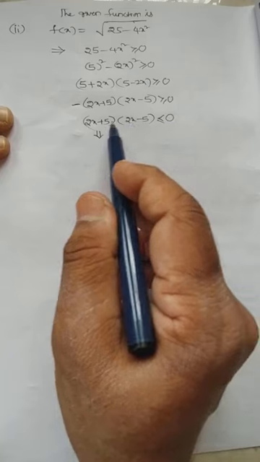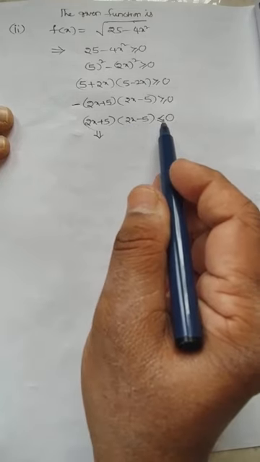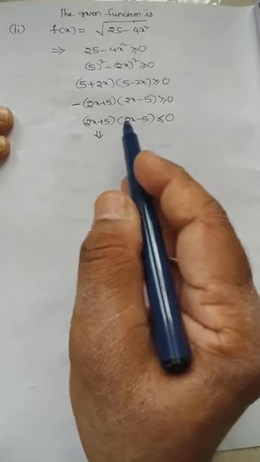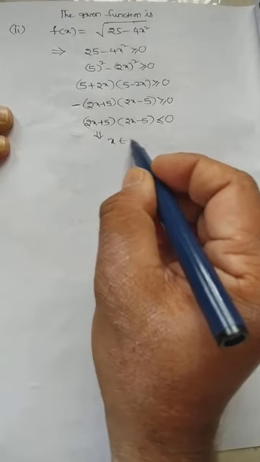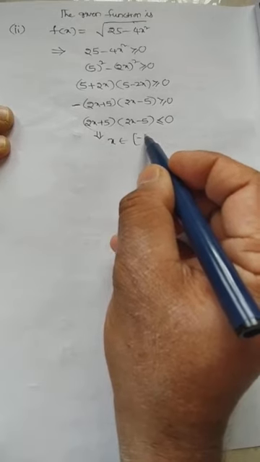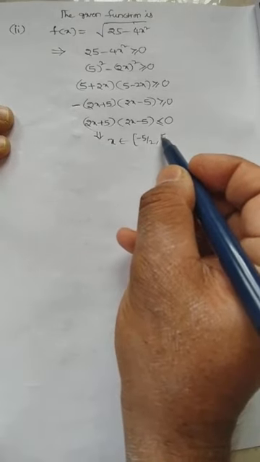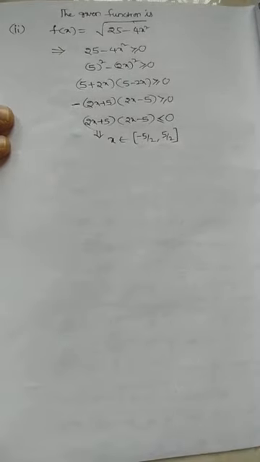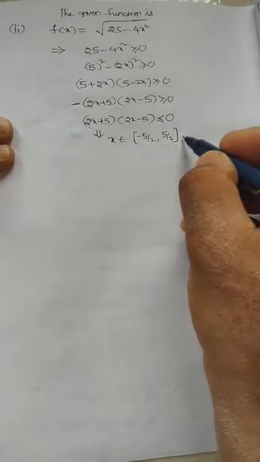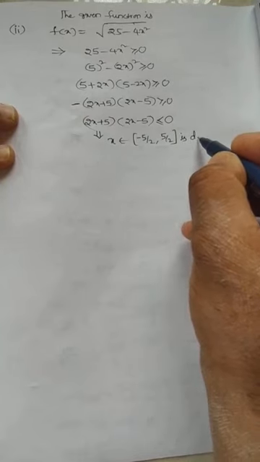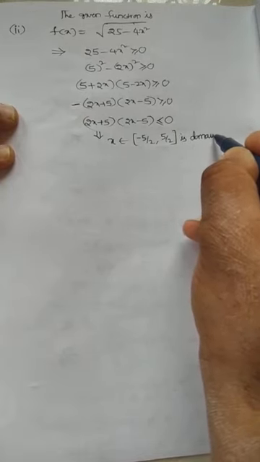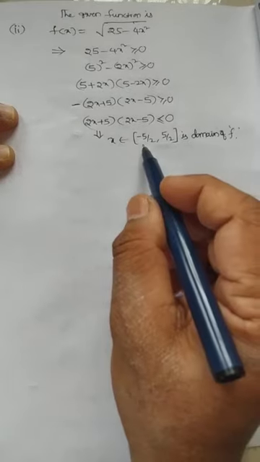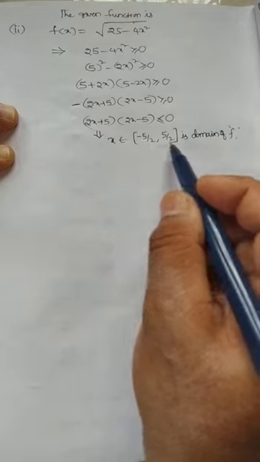Whenever the two factors are in the mode of less than or equal to 0, x belongs to minus 5 by 2 to 5 by 2. The x value lies between these two values. This is the domain of f, so we collect the interval from this only.